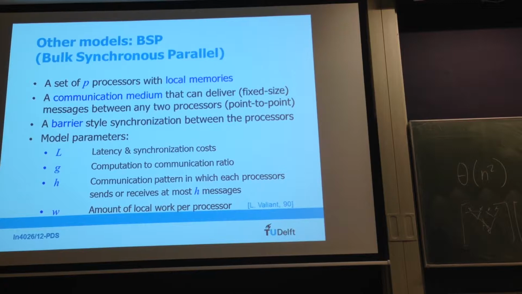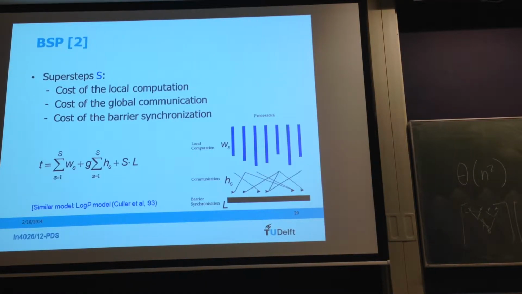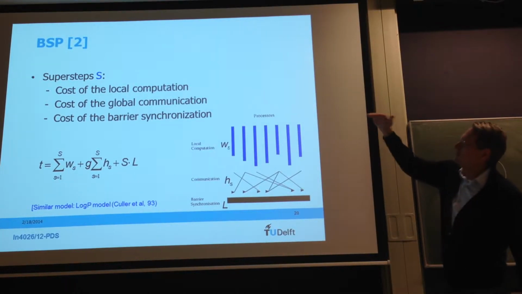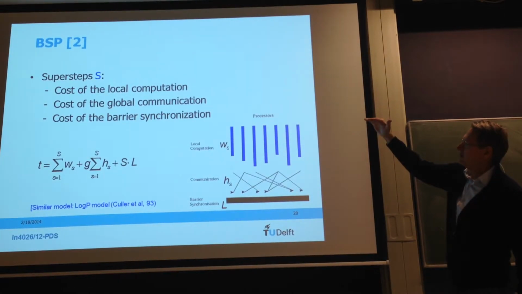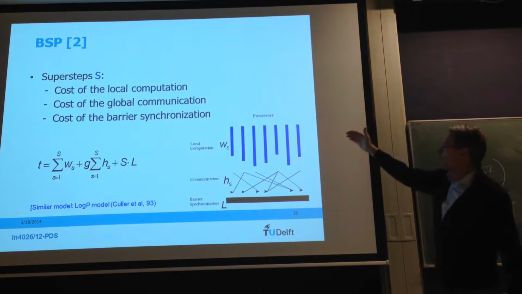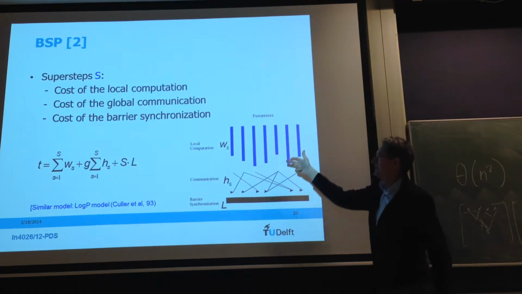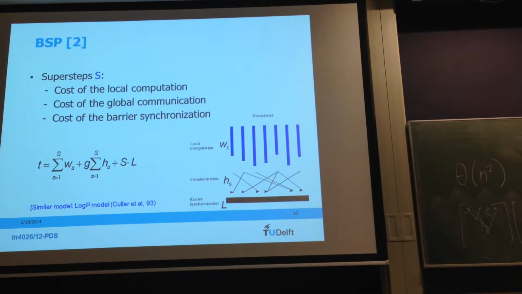Now this sounds complicated, but in reality it's not that complicated, because it works like this. The computation is divided into what they call super steps in this model. In each super step we have to calculate the cost of the local computation, and the local computation is done without any interference of the other processors.